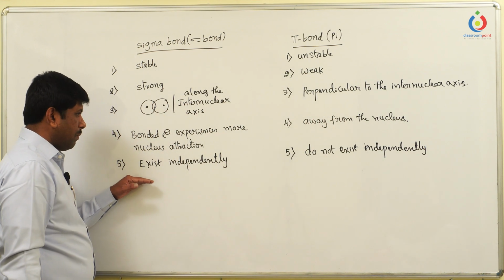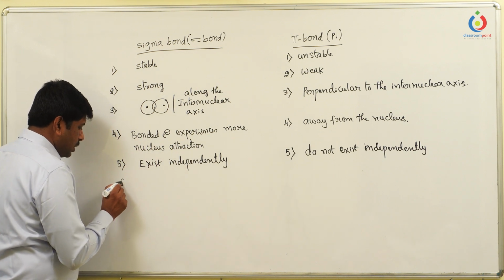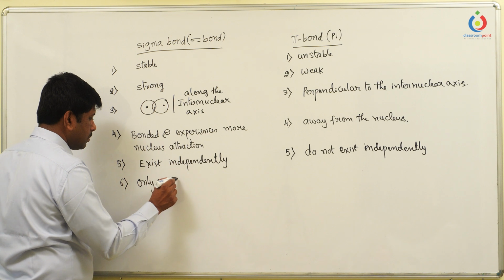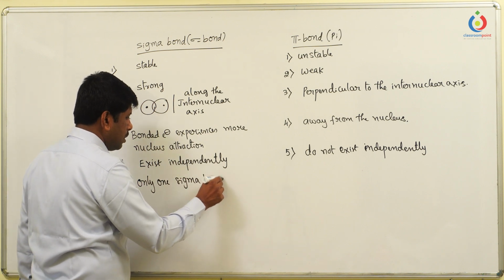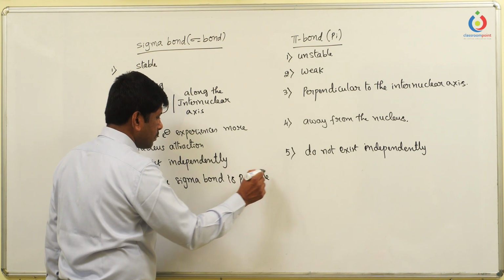So first sigma bond formation takes place, then only pi bond formation takes place. And next one is, only one sigma bond is possible between any two bonded atoms.